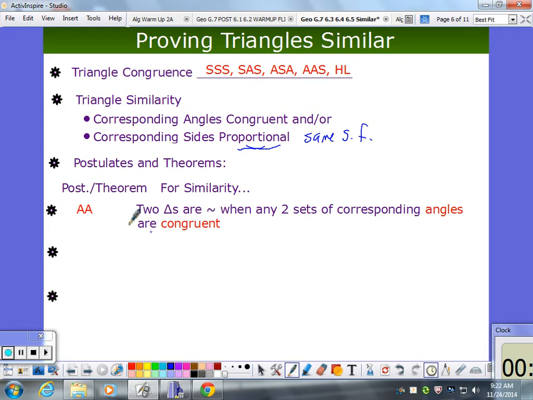So we have angle, angle. Two triangles are similar when any two sets of corresponding angles are congruent. Remember, angle, angle, angle was one that did not work for congruence. Why only two? How come only two, Phil?